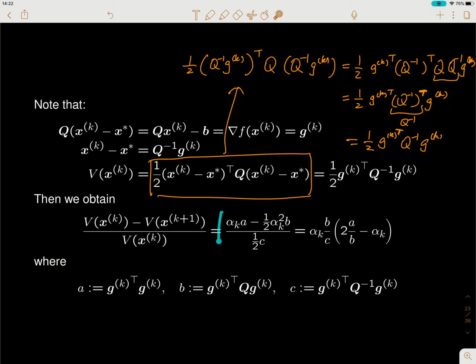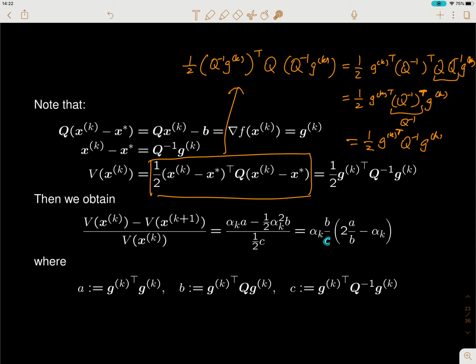Okay, so now I have this formula here, and I make a very simple change. I multiply numerator and denominator by 2, which doesn't change the value, and then I see that there is a common term alpha k here, so I extract it out, and also I extract this b over c.